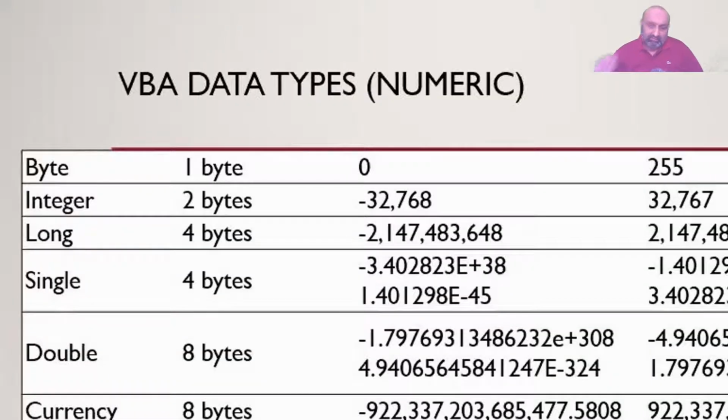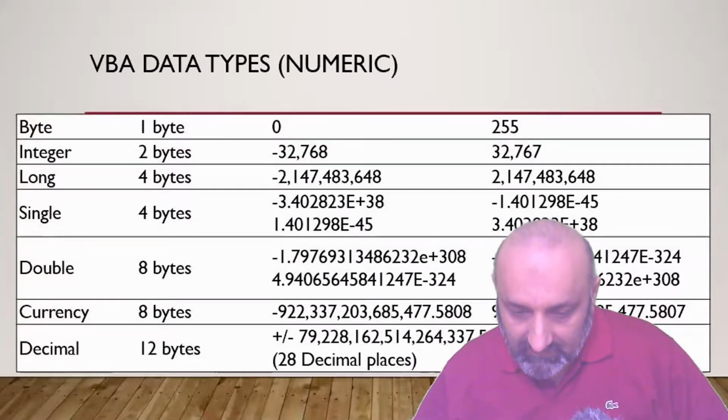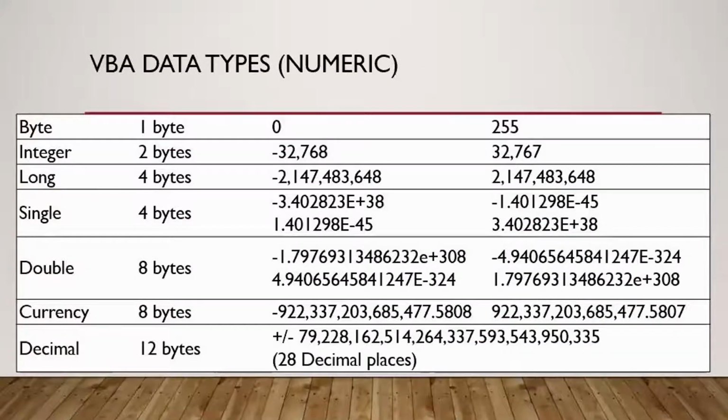So here are the data types, and now you can see it. The data type is basically two types, numeric and non-numeric.